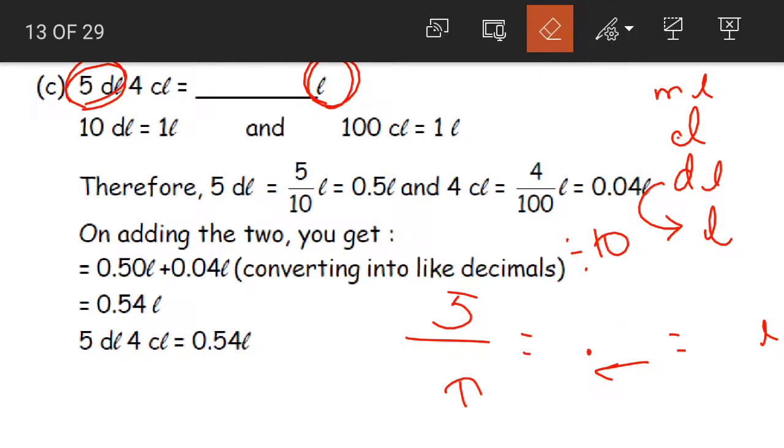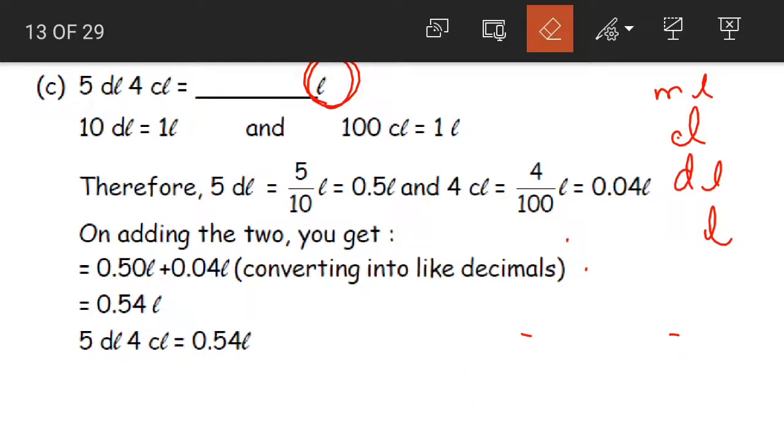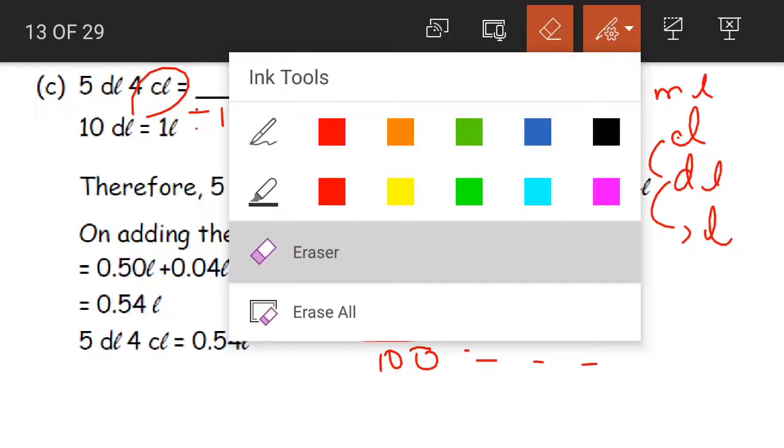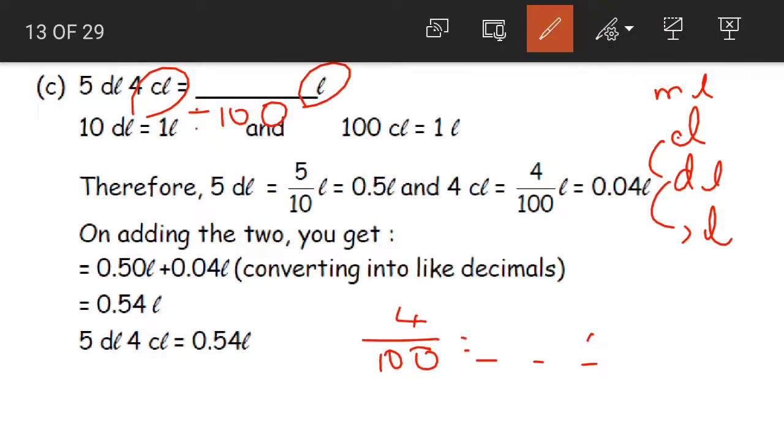Now coming to the next one. What is the next unit of measurement given in the question, children? We have centiliters. So centiliters to liters. 1, 2. 2 jumps. So we need to divide it by 100. 4 divided by 100 is equal to, first the denominator is a 3-digit number. So we need to write the numerator also as a 3-digit number. 4 0 0.